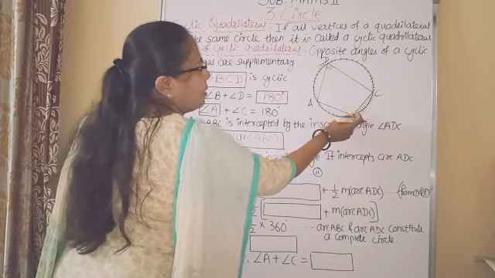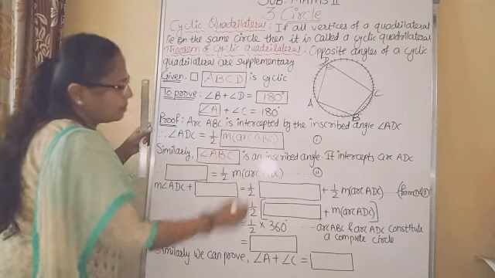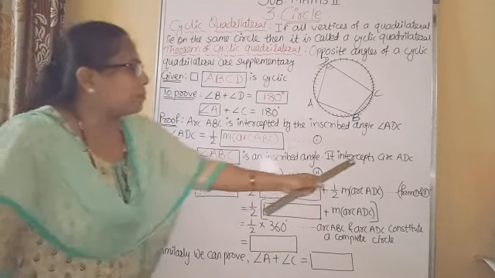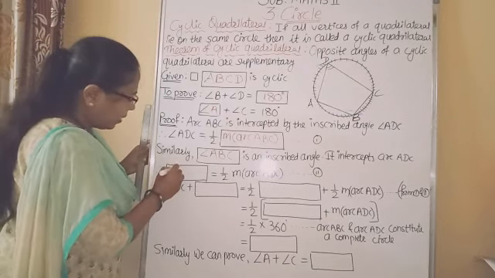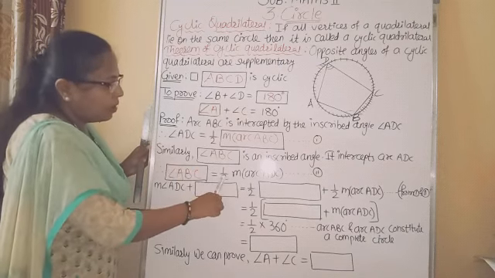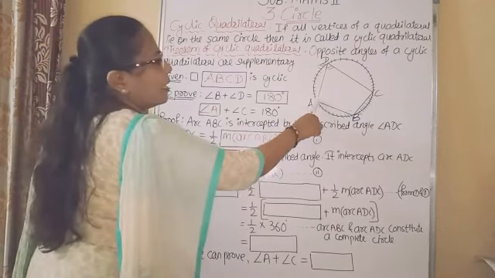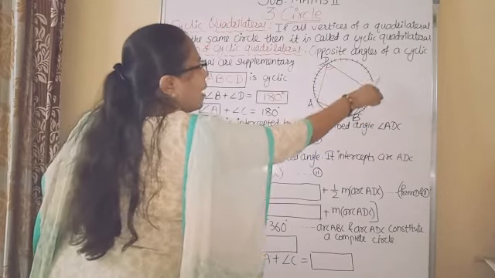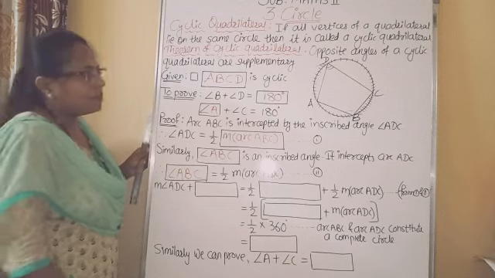Angle ABC. So according to the inscribed angle theorem, angle ABC is equal to half the measure of arc ADC. This is statement number 2.